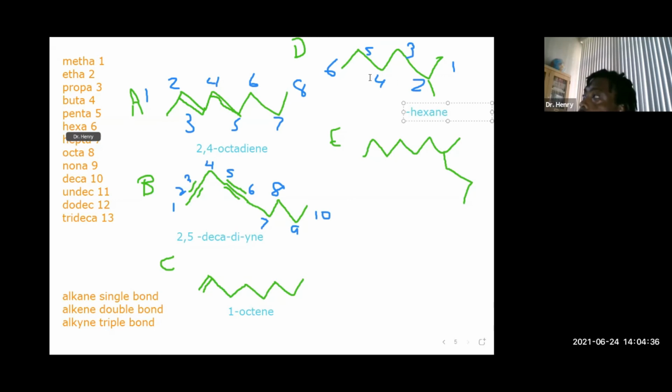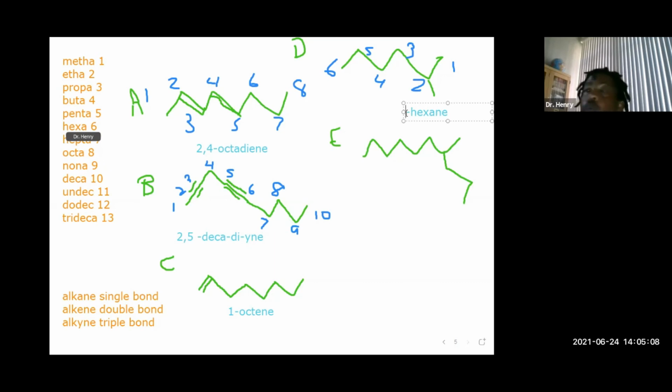Okay. Wait, hold on. Just relax. Okay, so we have a branch coming off, a branch with only 1 carbon attached to it. If it has 1 carbon attached to it, what is that prefix that we will use for 1 carbon? That would be meth, right?